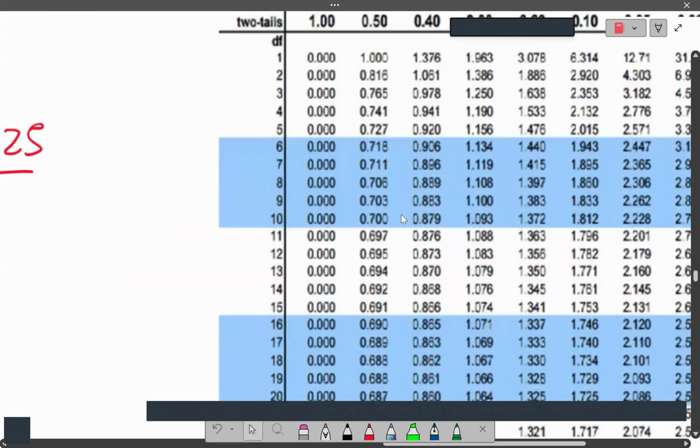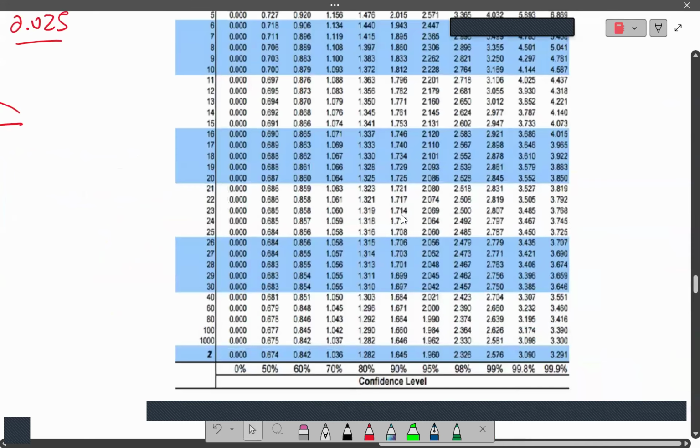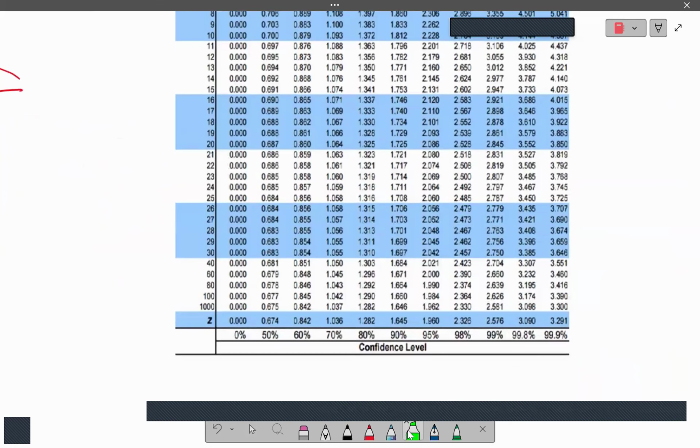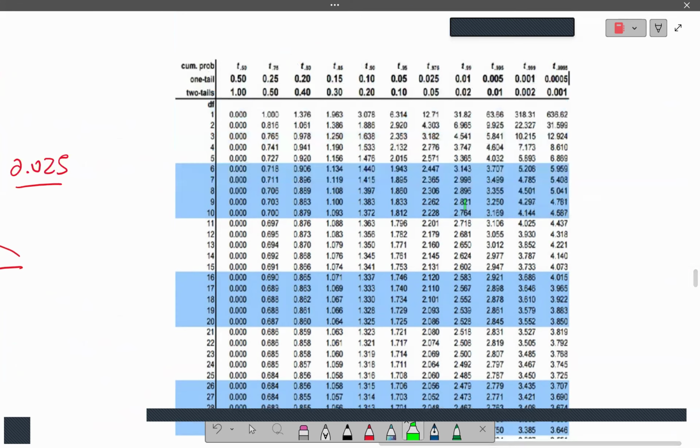A degree of freedom, 9. Or you can go all the way to the bottom with this table and you can see the 95% over here as well, that's a possibility. So this is degree 9, one tail here, and that's going to be 0.025.